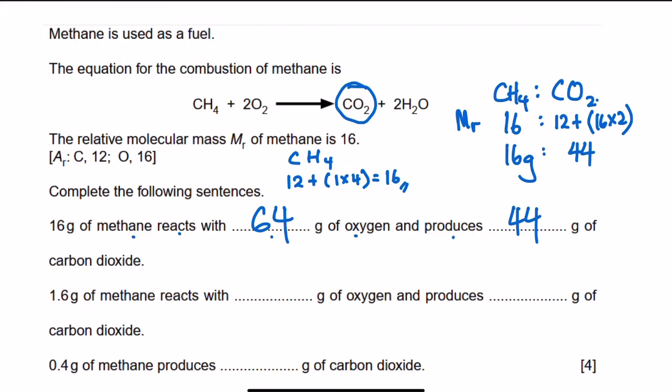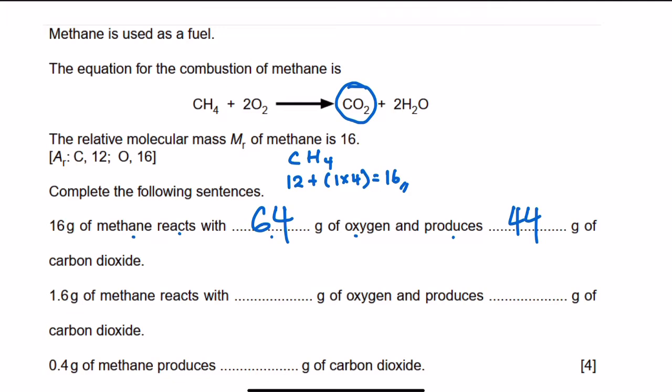Alright, the next line, 1.6 gram of methane reacts with blank gram of oxygen. So we just focus on this first. What are the two things we need to put ratio? Your methane and your oxygen, right? So let me erase my previous working. Methane, I use a different color. Methane is CH4. Ratio with oxygen. Oxygen here, still the same, 2O2. Copy from the equation. Next, first line is always the MR, right?